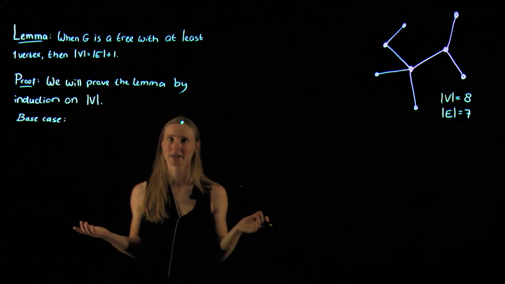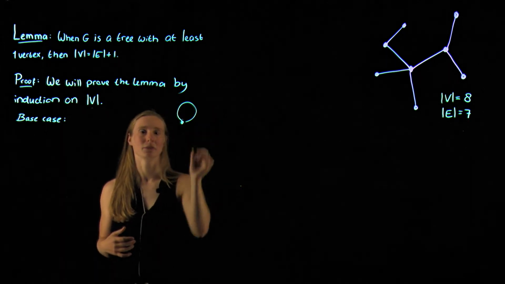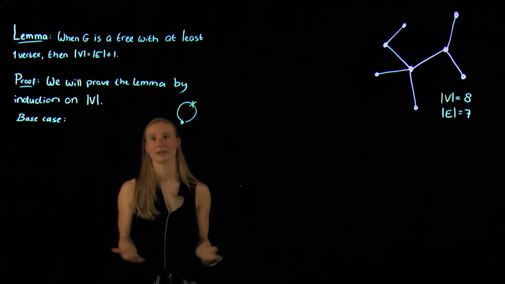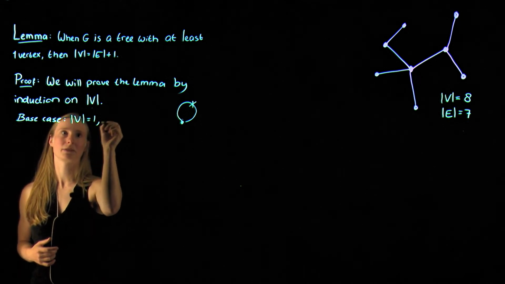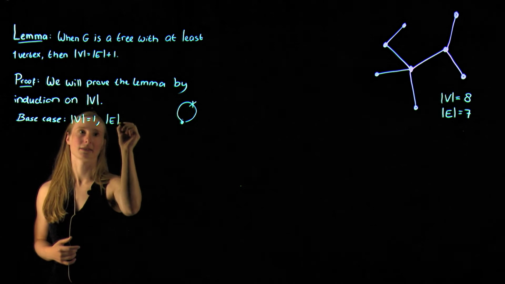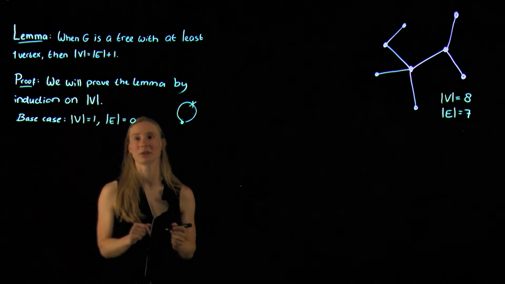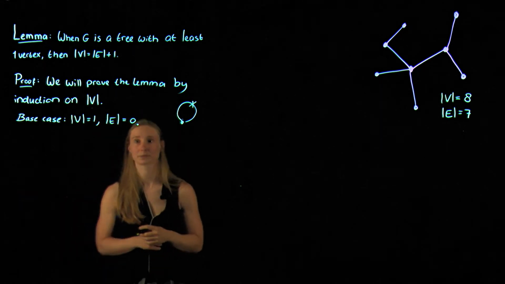We can have no edges because they don't have anywhere to go, so self loops were not allowed. So the size of the vertex set is 1 and the size of the edge set is 0. So indeed, the statement holds for this very small case. That's enough for the base case.